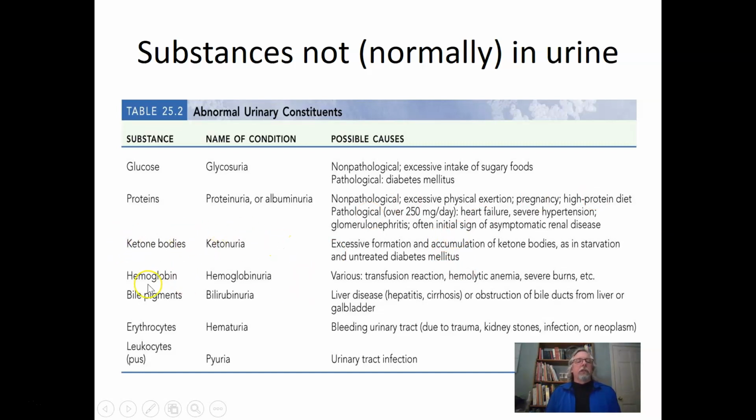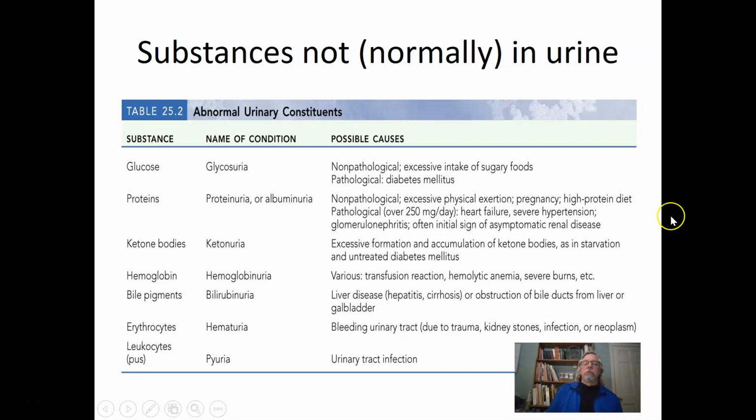I'm going to skip over ketones, but hemoglobin is not normally part of the filtrate, right? It's contained normally in red blood cells and they don't pass into the filtrate. Presence of hemoglobin indicates that red blood cells somehow got into the filtrate.